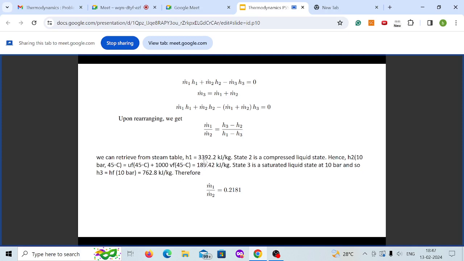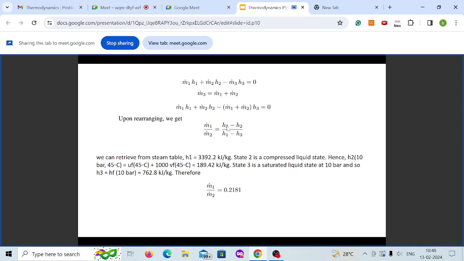It will come out to be 189.42 kilojoule per kg. We are converting to kilopascal because we are finding all enthalpies and internal energy in terms of kilojoule, so that's why we are putting pressure also in kilopascal. So we will get enthalpy at state 2 as 189.42 kilojoule per kg. State 3 is saturated liquid water at 10 bar, so we can find directly for 10 bar, your H3 is 762.8 kilojoule per kg.